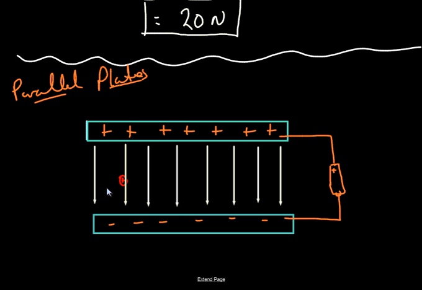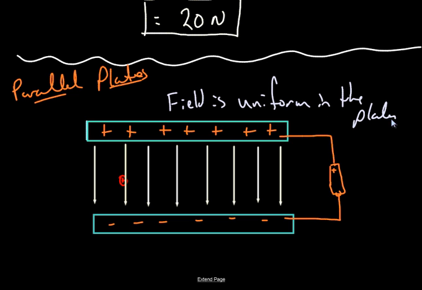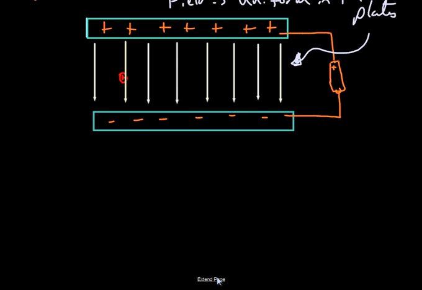But for right now, we're just interested in already knowing what the field strength is. So the first thing that's important to note is that the field is the same strength inside here wherever you go. Field is uniform in the plates.